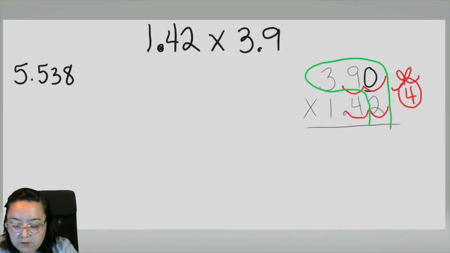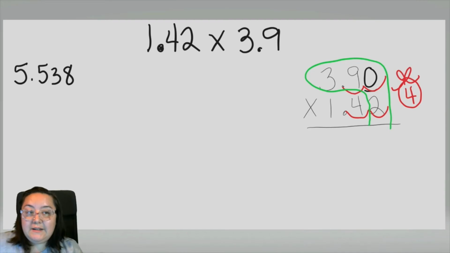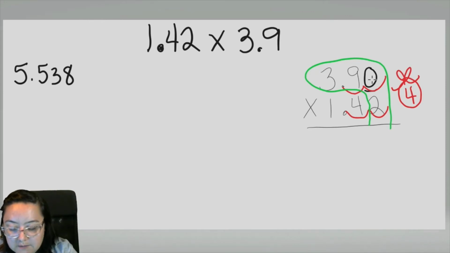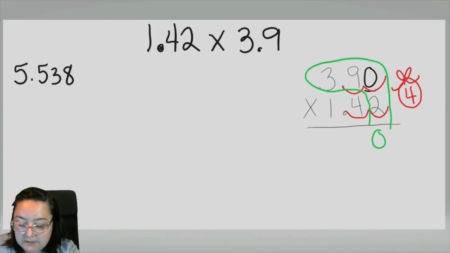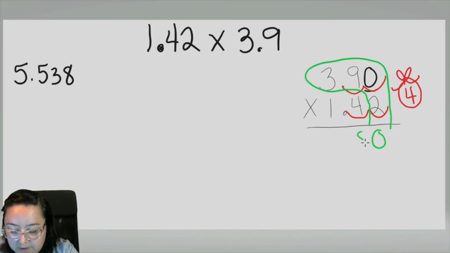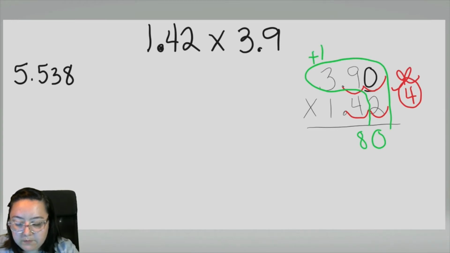So we're going to start off with our 2 times 390 because we kicked those decimals out, so now it looks like we're just multiplying with whole numbers. So 2 times 0 is 0 because anything times 0 is 0. 2 times 9 is 18. We bring our 8 down, carry up our plus 1. 2 times 3 is 6, and 6 plus 1 is 7.